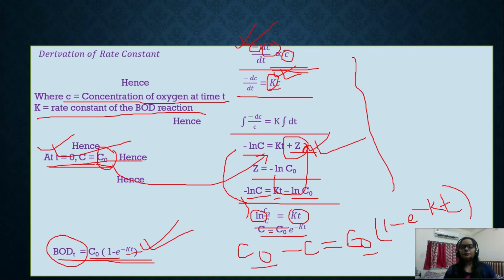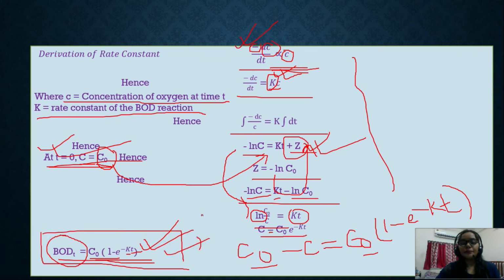This equation is equation number 3. Based on this equation also, there will be so many problems. The problems based on this equation we will do in our next class.